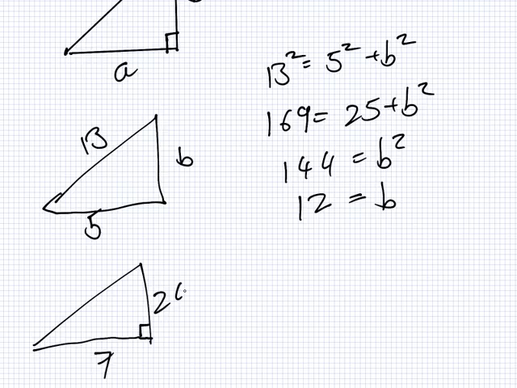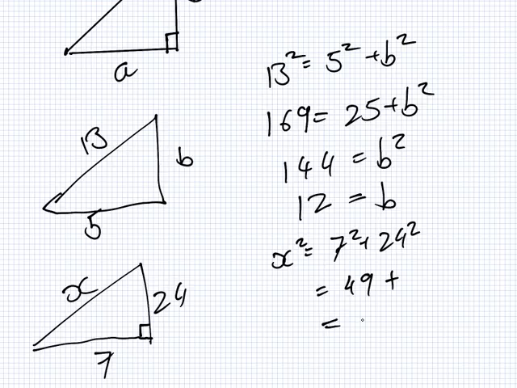7, 24, x. Get x then. Yeah, so we have x squared equals 7 squared plus 24 squared, which is 49 plus something, which is 625.